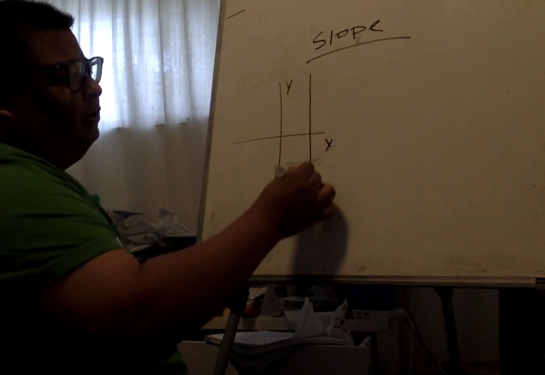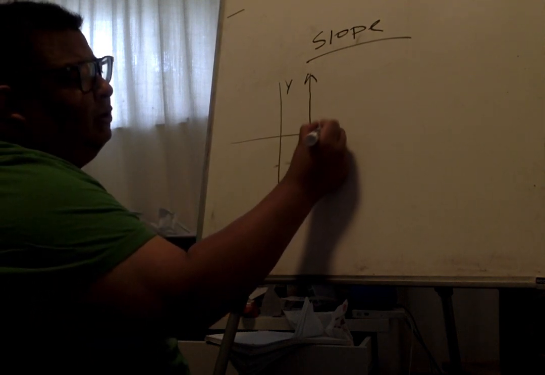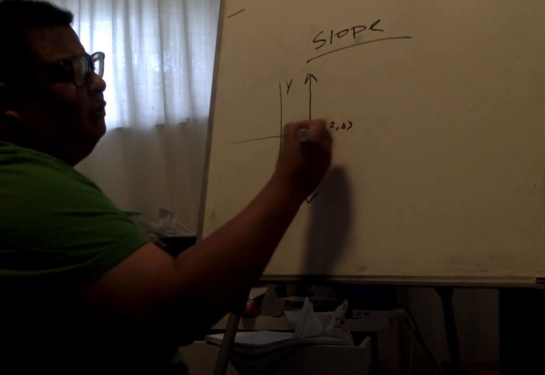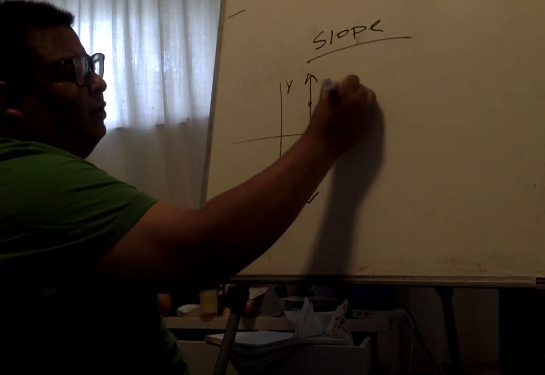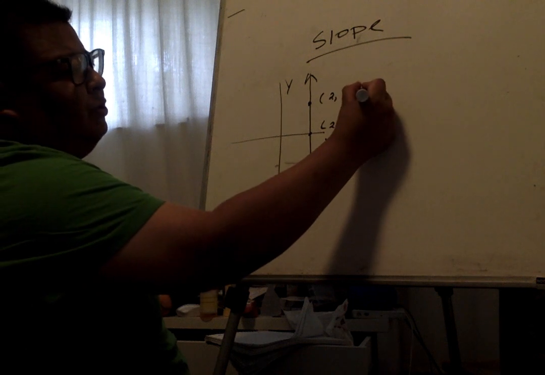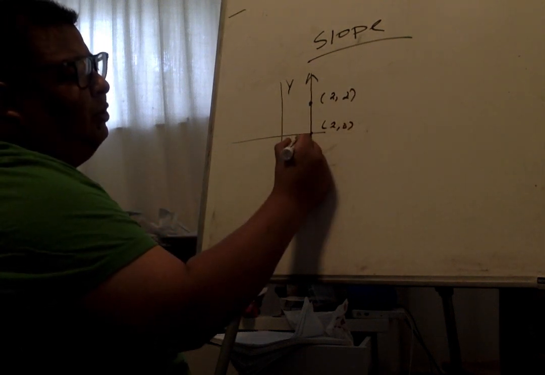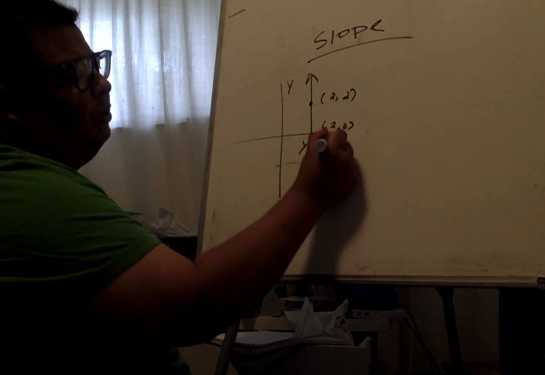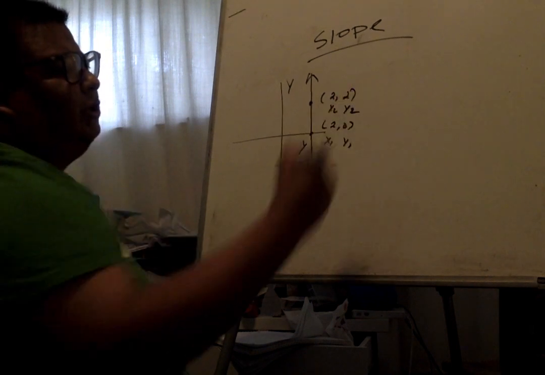Let's call this one the line. Let's pick this point here, (2, 0), and this point here, (2, 2). So this will be your x1, y1, x2, and y2.